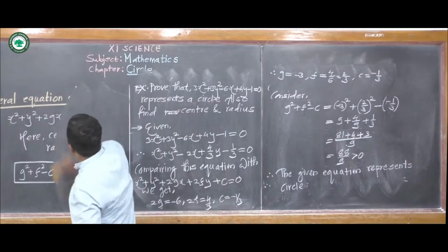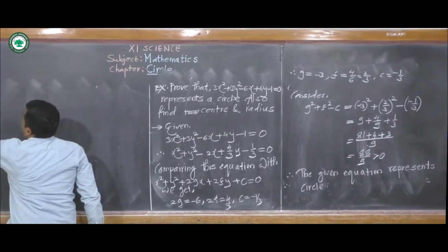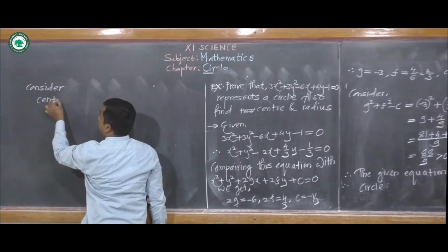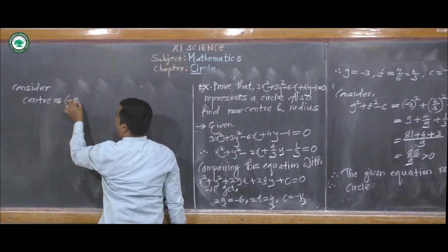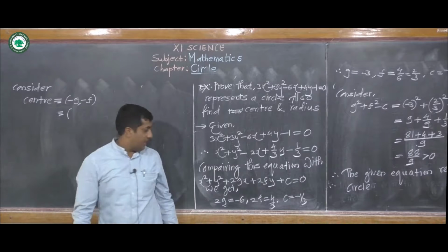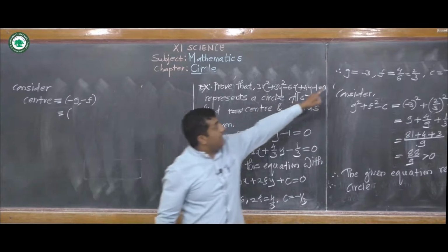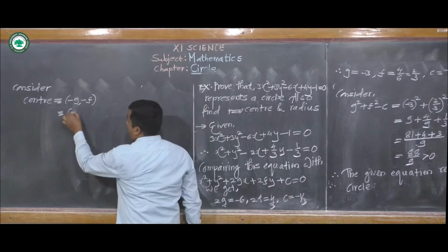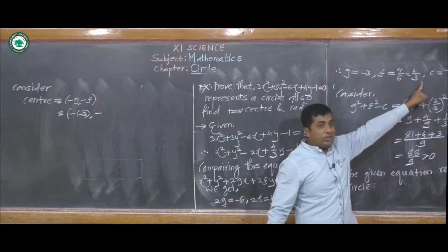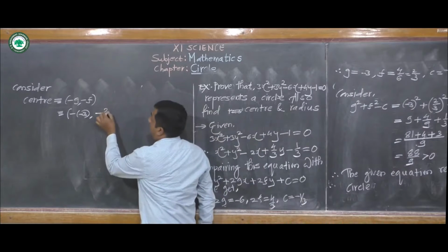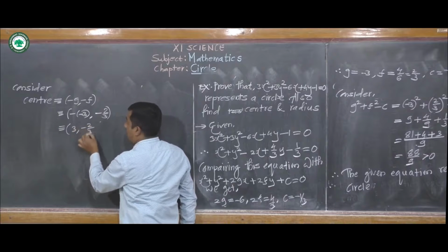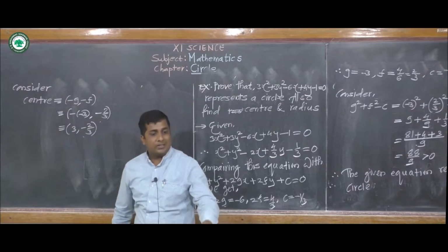So next we consider the center, which is equivalent to minus g, minus f. We know g is minus 3, so minus of minus 3, then for f we have 2 upon 3, so minus 2 upon 3, and in the last we get 3, minus 2 upon 3. This is for the center.